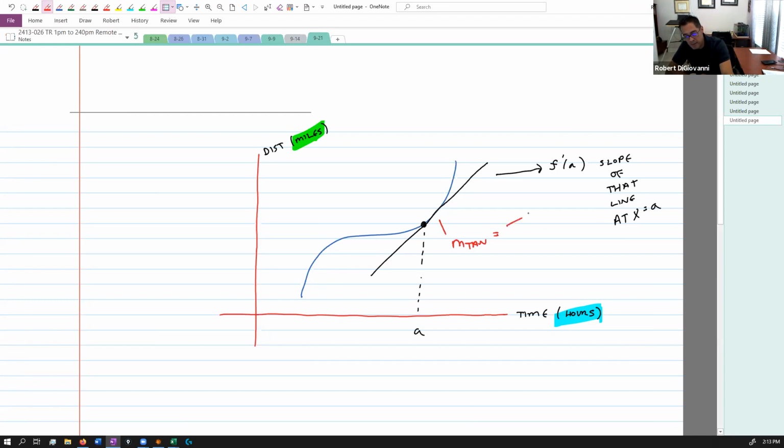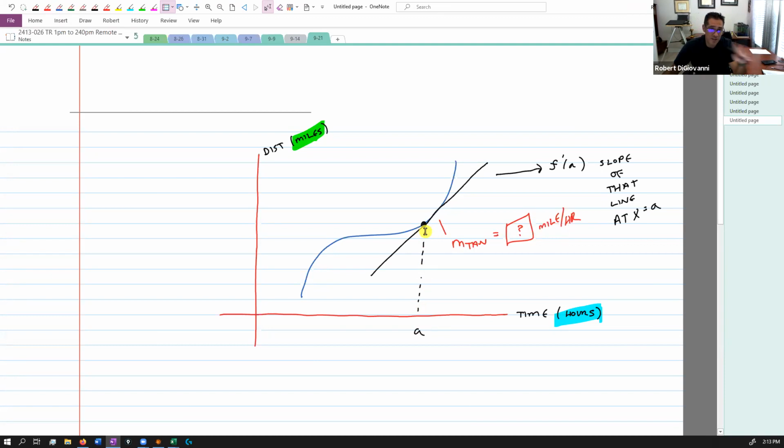So it would be some numerical answer, miles per hour, which means it's measuring your speed at that instant in time. It's a way of measuring the instantaneous rate of change of the function at some point.